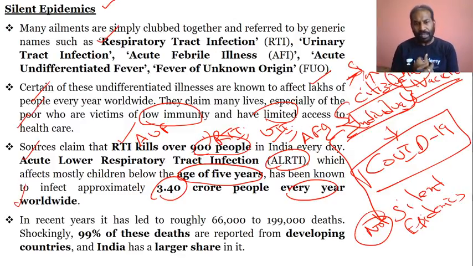Individuals are focusing only on COVID-19, because we feel all these are not making any kind of threat to our life. And in recent years, we have seen 66,000 to 1,99,000 deaths, and 99% of these deaths are in developing countries. Please do understand.